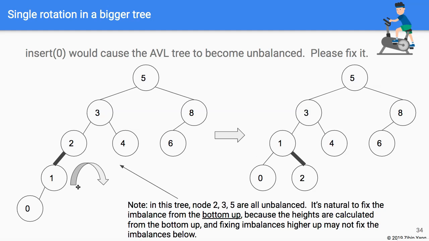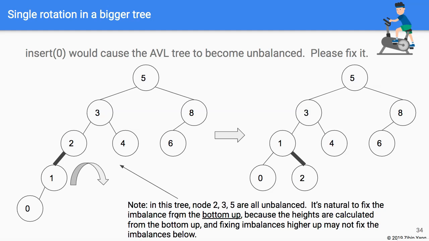And the relationship of all the numbers starting from 1 and 0, nothing changed there. What's changed is the relationship between 1 and 2, and 2 now becomes the right child of 1. Everything is still the same, all the order is the same, the data is the same, but now the tree is more balanced.